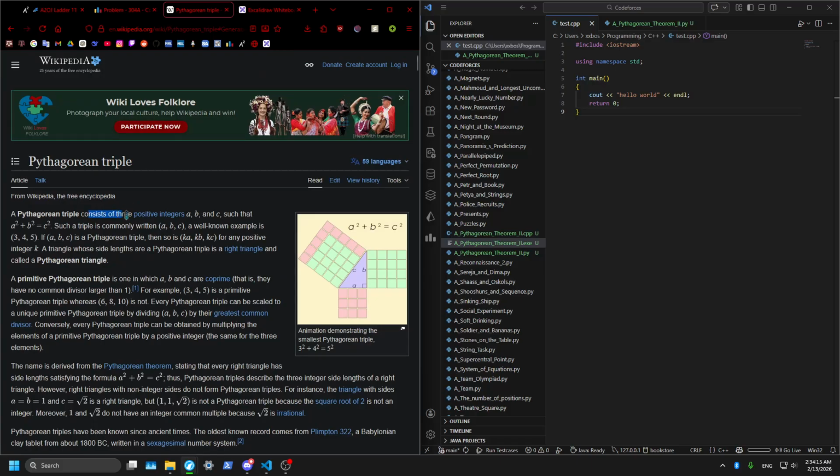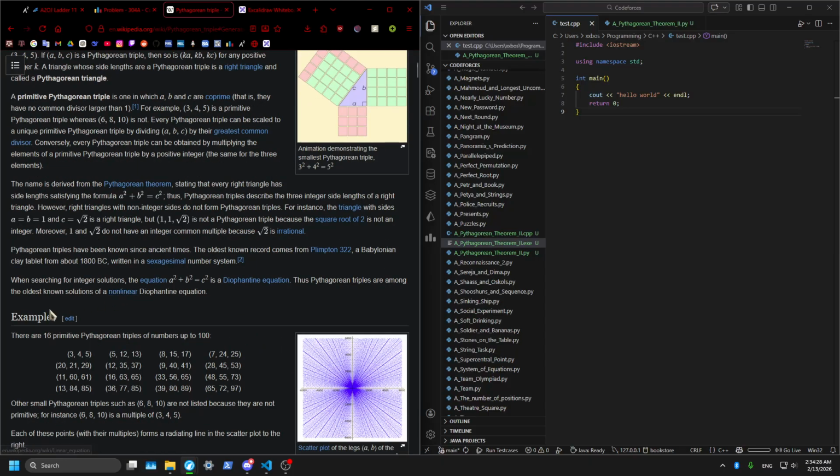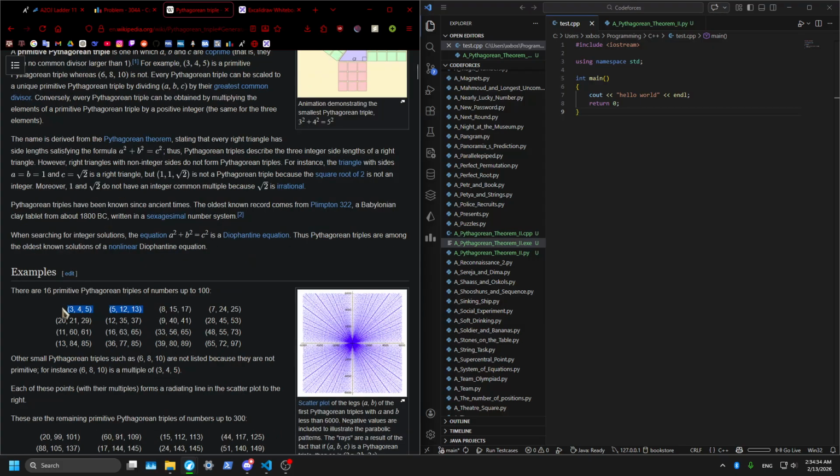A Pythagorean triple consists of 3 positive integers a, b, c such that a squared plus b squared equals c squared. Yes. There's 16 primitive triples. Okay. We knew these two. Did not know these. Do not know how to find these. Okay, and then these are the sieves, because these are multiples of these, right?